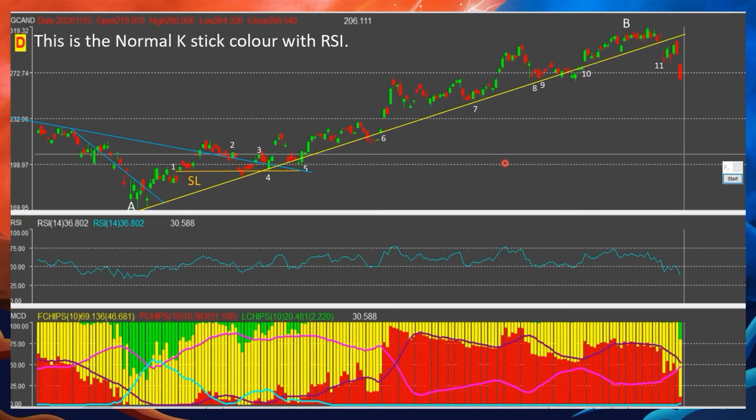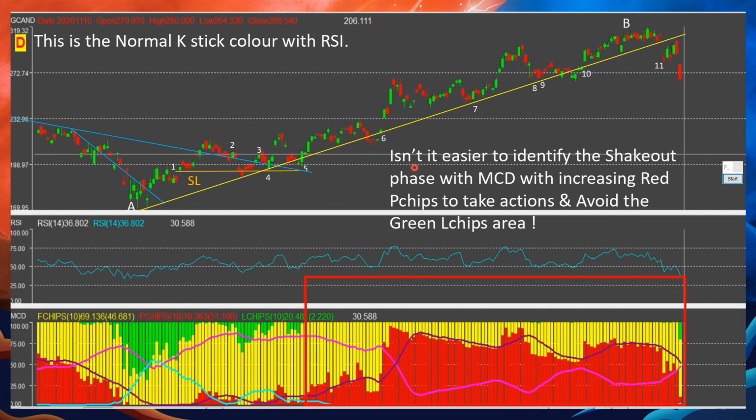All right. Now, another particular area to take note. Now, this is a normal candlestick color with RSI. You can see here is a normal red and green candlestick, without the colored candlestick that I have specially created. Now, in this instance, compare with RSI and multicolored dragon. Take a look.